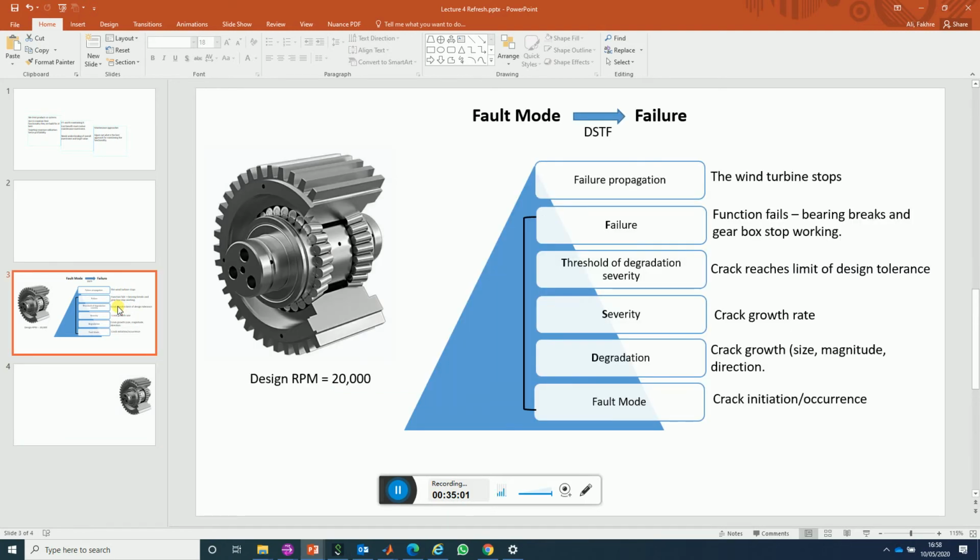Now, okay, we understood here that systems have subsystems and subsystems have their subsystems, and those subsystems have their components, and everything is driven by the very basic fact of fault modes leading to degradation, severity, design tolerances, failure, functional failure. Okay.